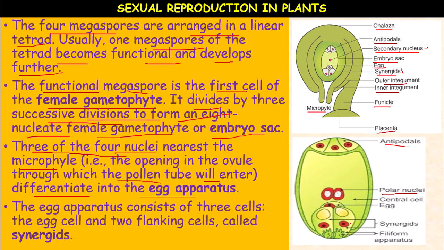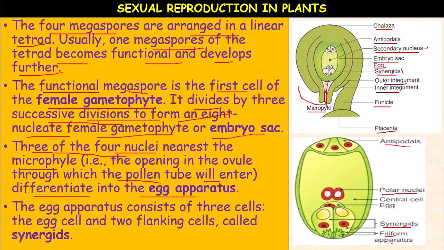See, this is the filiform apparatus, which consists of 3 cells: 2 synergids, called helper cells, and 1 egg cell. The synergids' main function is to help the pollen tube. After the entry of the pollen tube into the micropylar region, they help the pollen tube reach the egg cell.